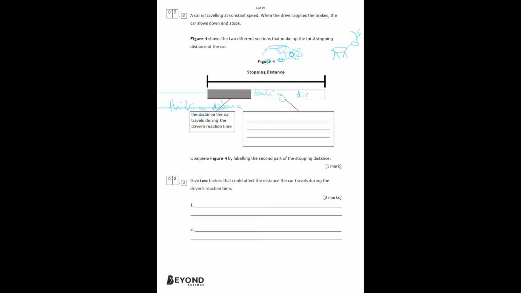So the total distance it takes for you to stop is made up of a thinking distance while you react and a braking distance while you come to a halt.